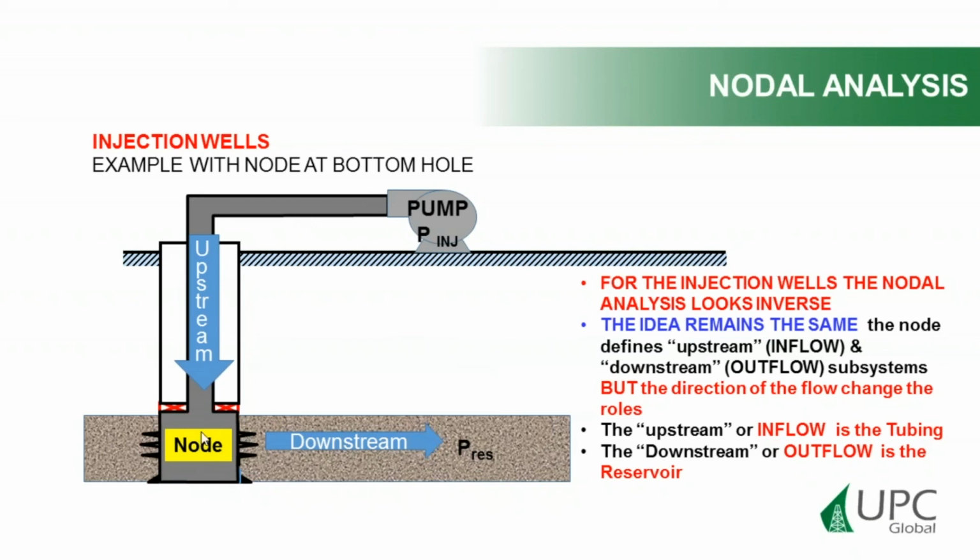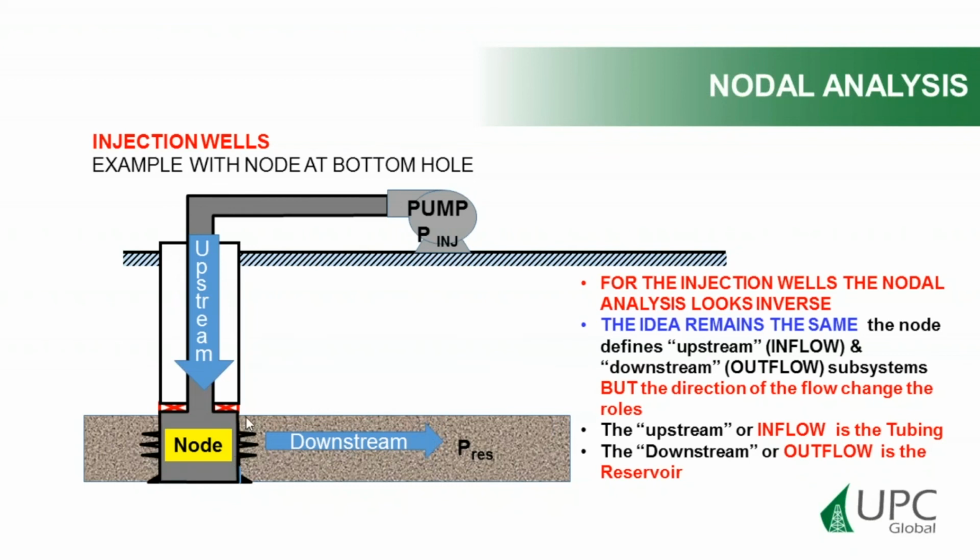The inflow is everything upstream. So the inflow is going to be the pump, flow lines, tubing, depth, and we are injecting just water or gas. Usually it's not multi-phase flow in the tubing. So my inflow is going to be the production system, and the outflow means everything downstream.